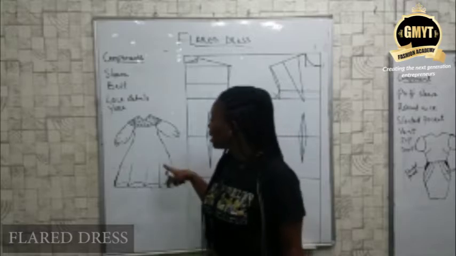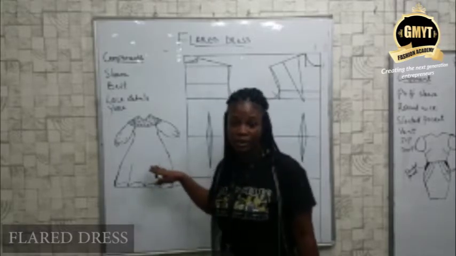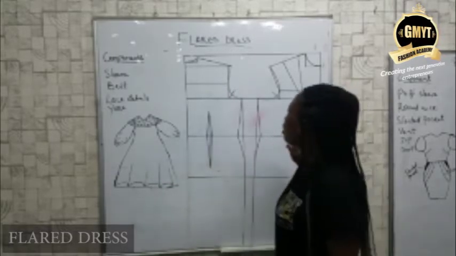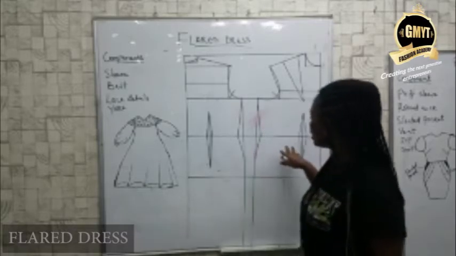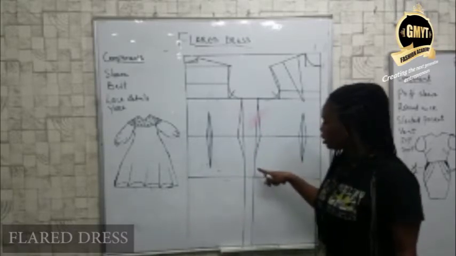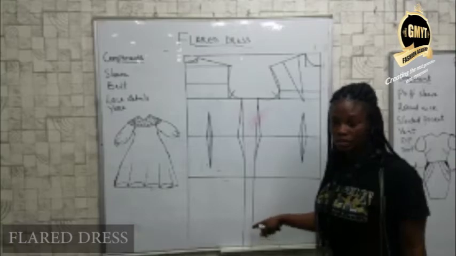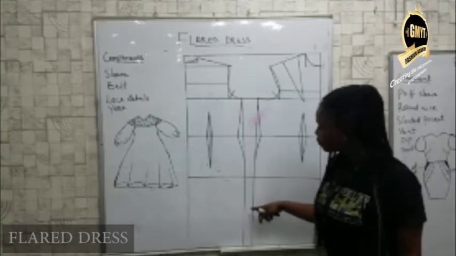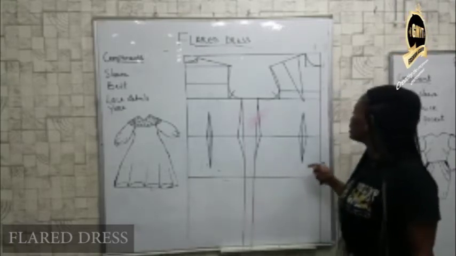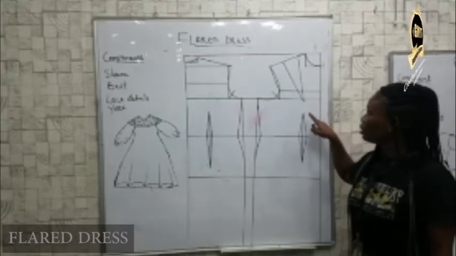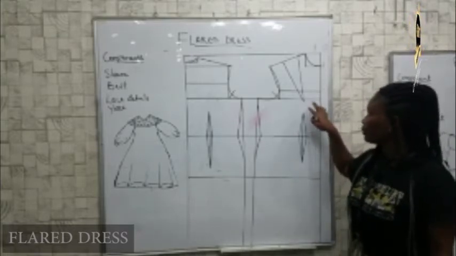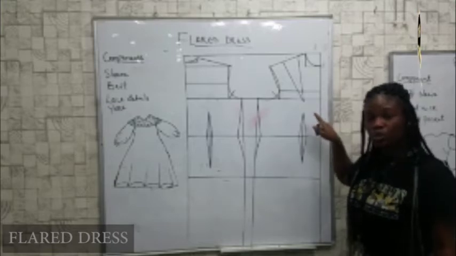So how do I achieve my flare dress using my basic pattern? All you need to do is draft your basic pattern first, which I have done. I extended the length to my desired dress length, which I've done, and I am going to turn my dart into flare.